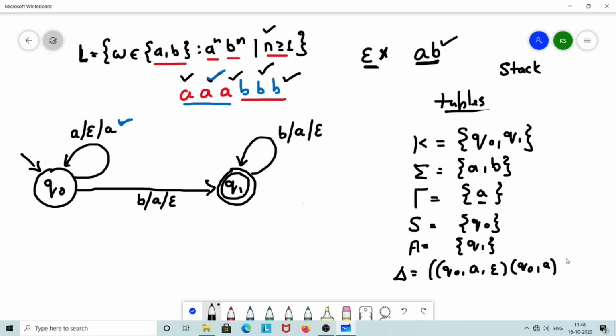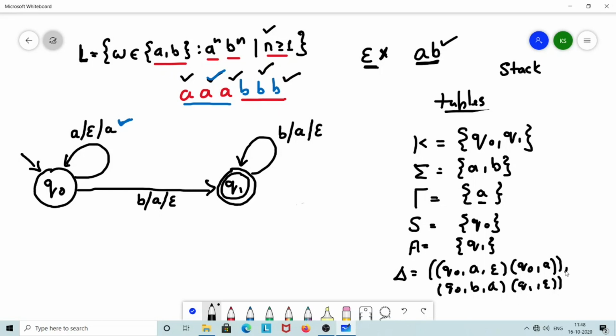So this is one transition, and the other one: being in Q0 state, upon encountering B, we pop out A, go to Q1, and we push nothing, right?